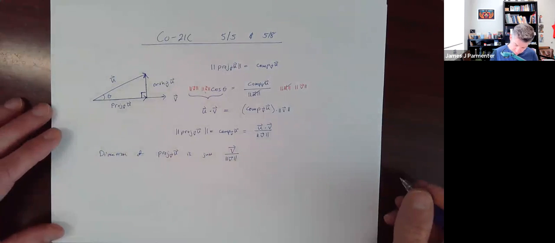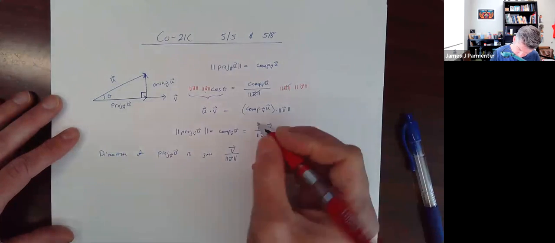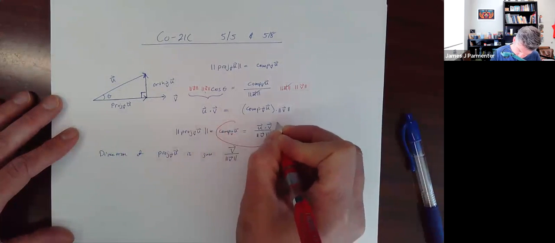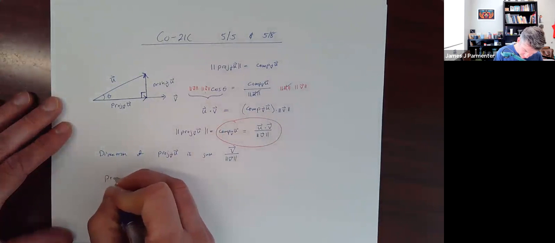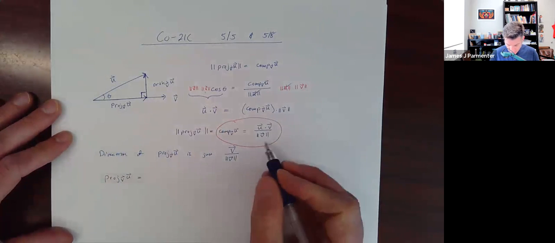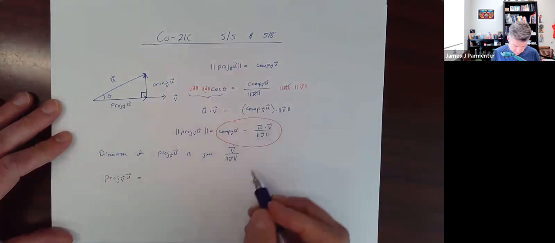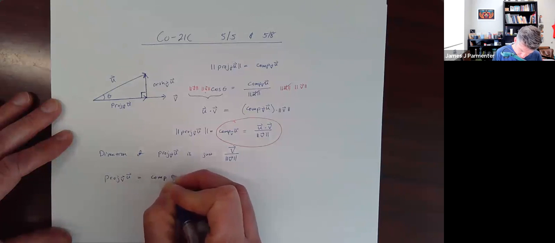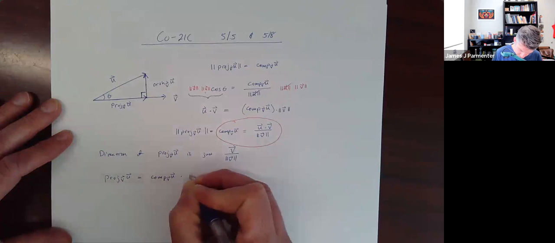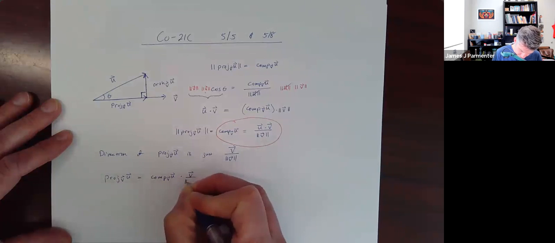So I guess I should circle some things here. And then the projection of u onto v is just equal to this times this, the magnitude times the direction. So it's the component of u onto v times the direction, v over the magnitude of v.